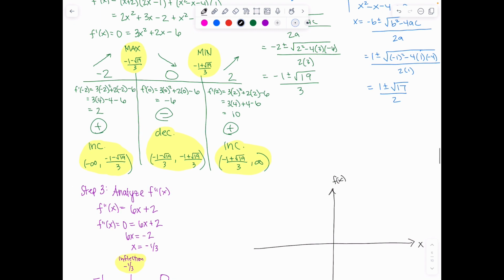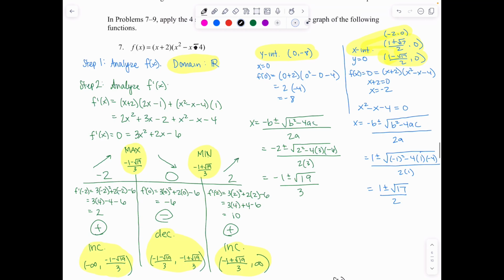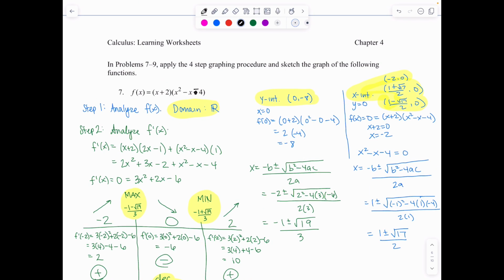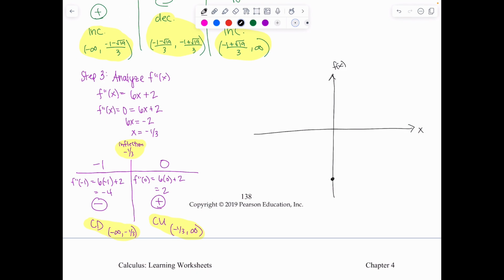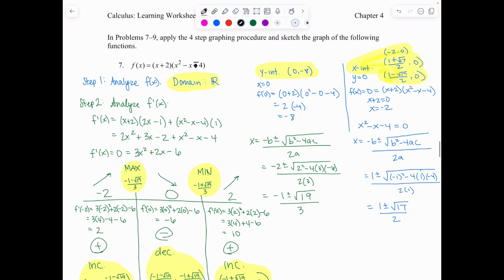So let's start with our y-intercept is 0, -8. We'll put that down here. We will put our x-intercepts, all three.